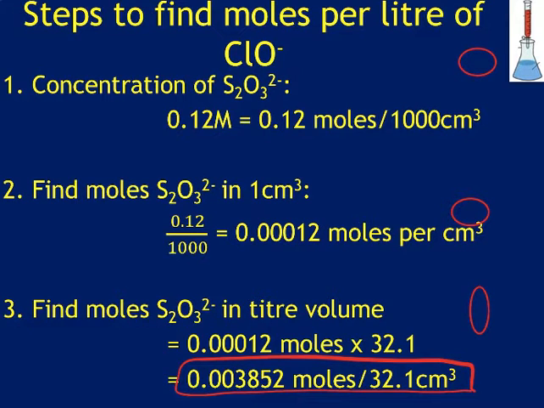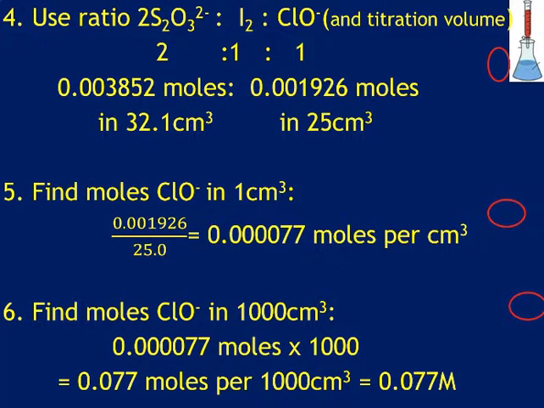We then use our ratio, and the ratio that we're interested specifically here is we're going all the way from thiosulfate to ClO minus. If they ask for iodine, you will be able to work that out. So the ratio of 2:1 means I have 0.001926 moles in 25 centimeter cubed.